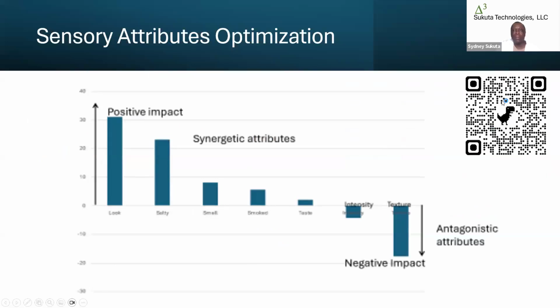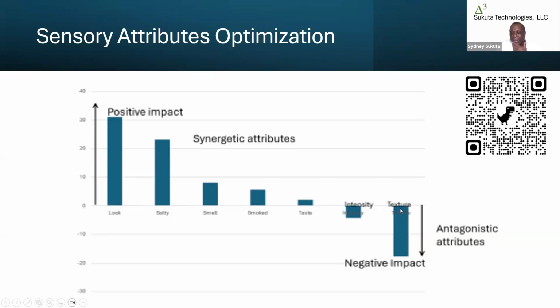So again, from part one, I just want to share with you what we found out: the price driver was look, the appearance, which had a higher impact, or is collinear, correlated with the price. Then followed by how salty it was, followed by smell, followed by whether or not the product was smoked, the taste, and then after that, the intensity actually suppressed the price.